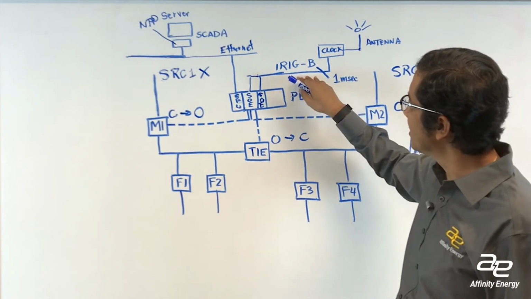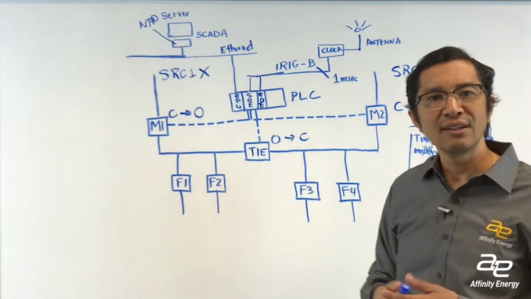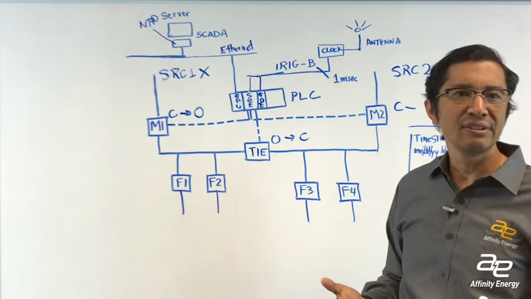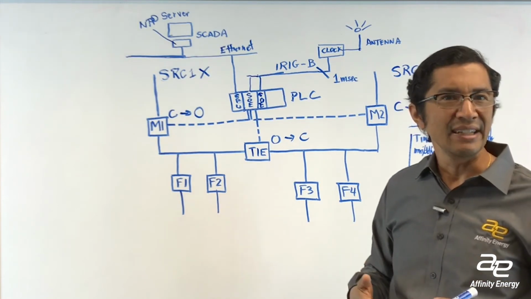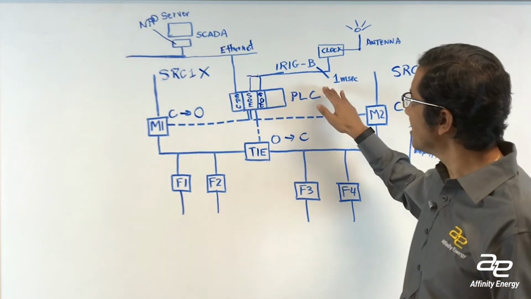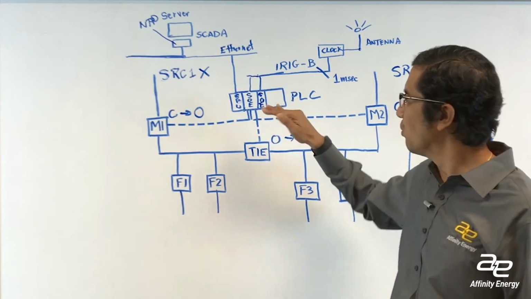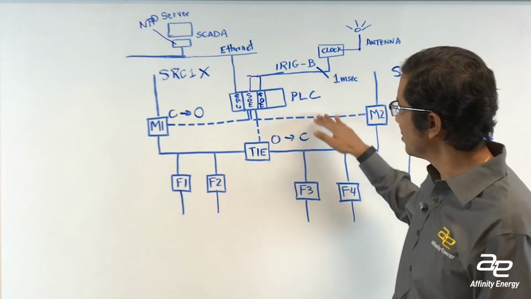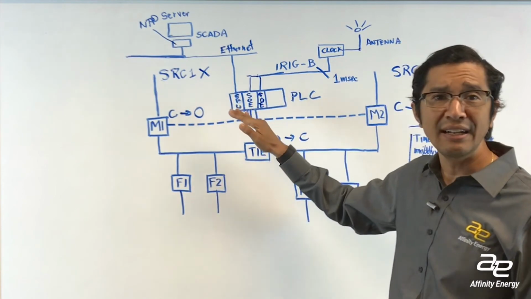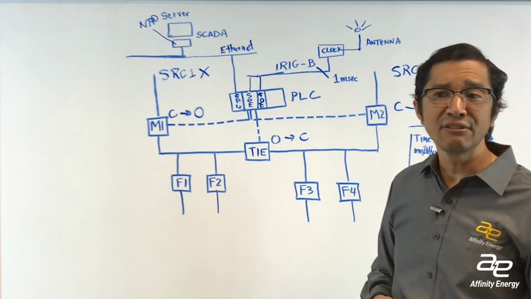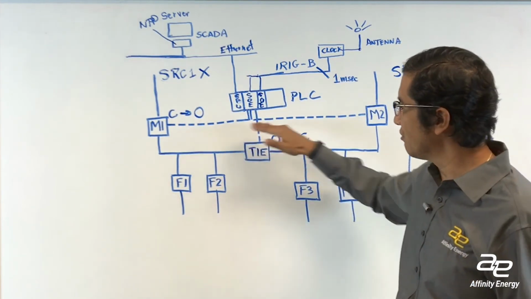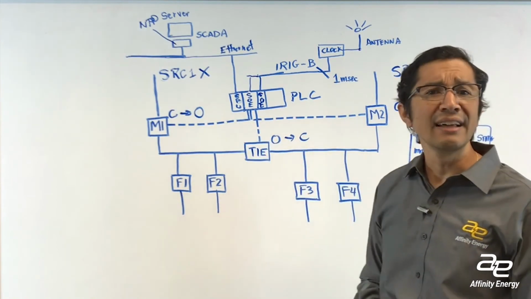The only problem is when you extend this network using fiber optic, you're introducing what's called network latency, or a delay. So you have to account for that delay within your time scheme, or within your design, to make sure that delay isn't going to introduce synchronization issues when it comes to analyzing the data.